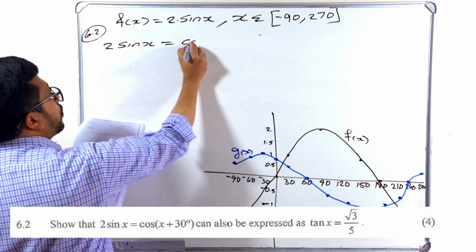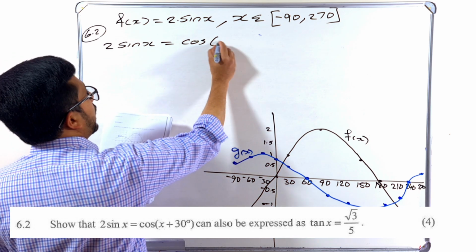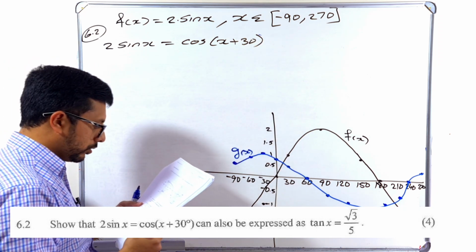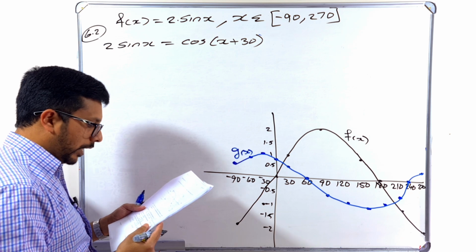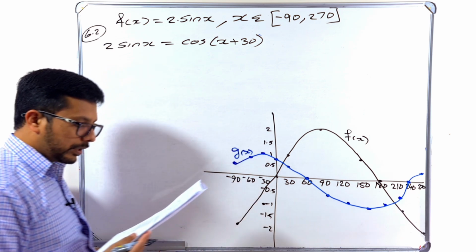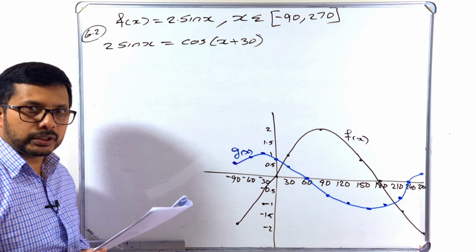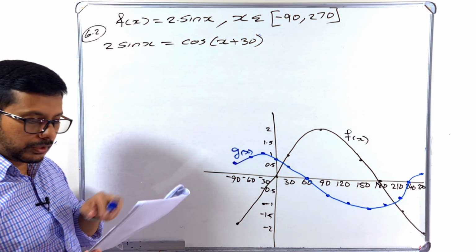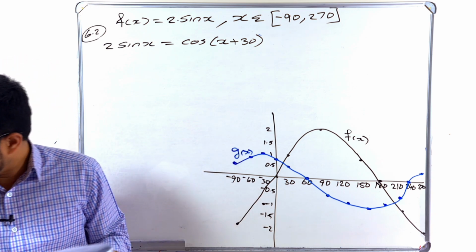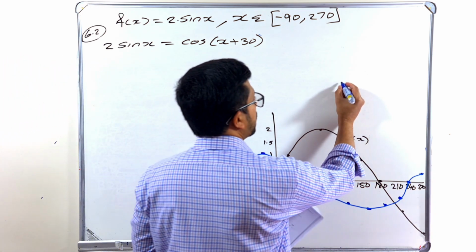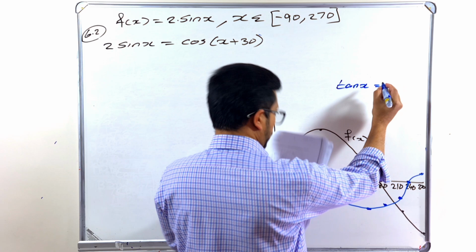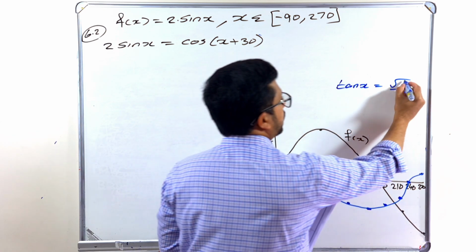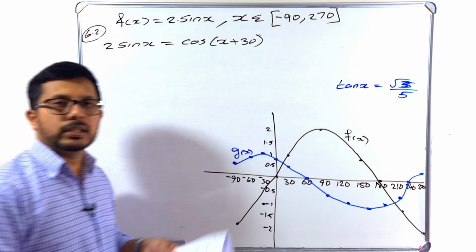Show that 2 sin x is equal to cos of x plus 30 can be expressed as tan x is equal to root 3 by 5. Look at that question. You have to show that this one you can express as tan x is equal to root 3 by 5. That is what you want to prove.